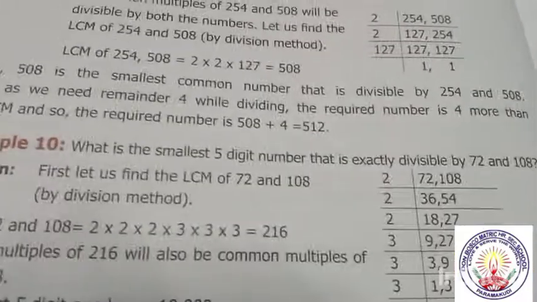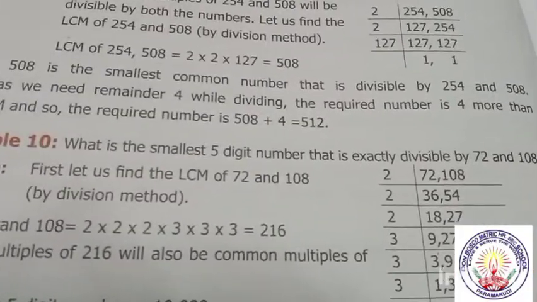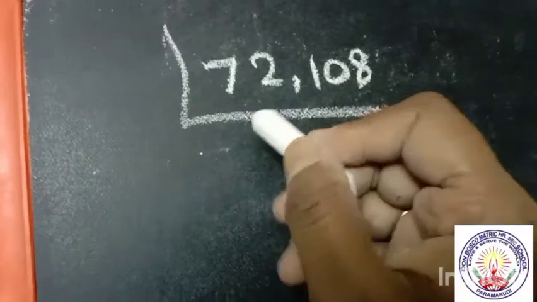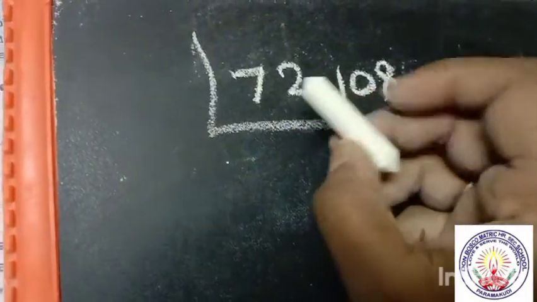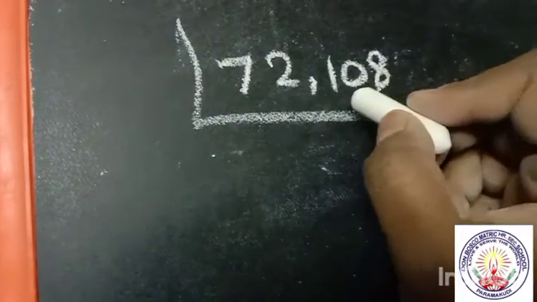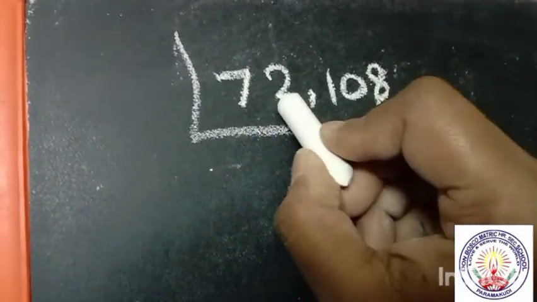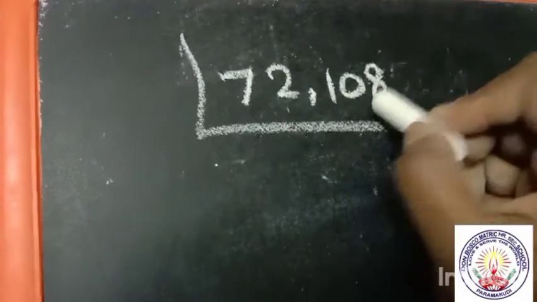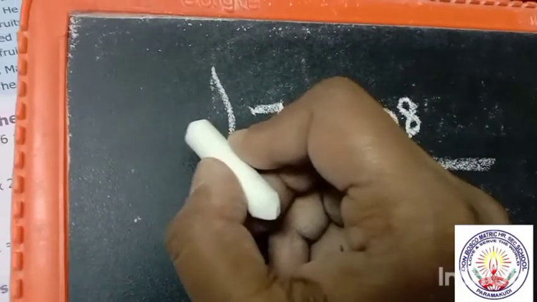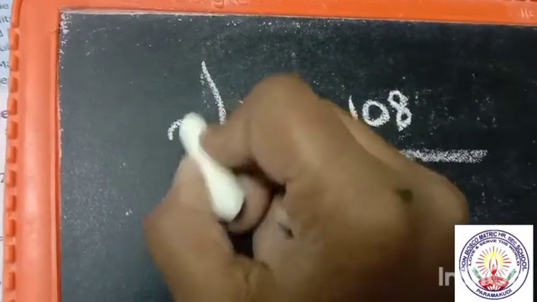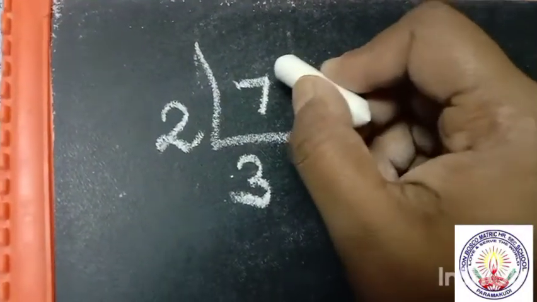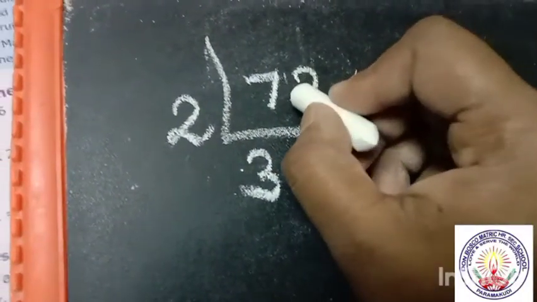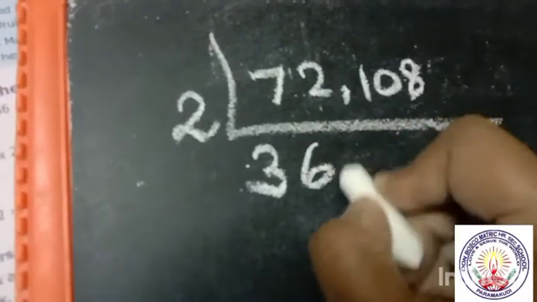So first of all we will find the LCM of both numbers. Here 72, here 108. In the ones place it is 2, it is 8, so both numbers can be divided by 2. 3 2s are 6, remainder 1, here 12, 6 2s are 12.